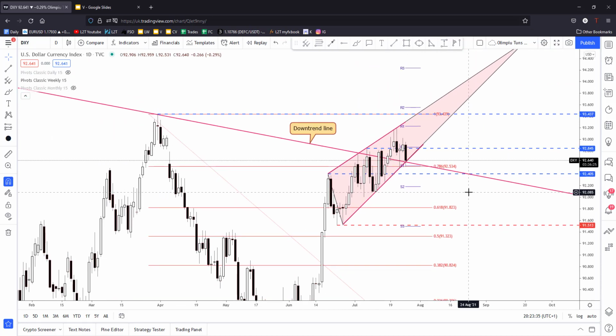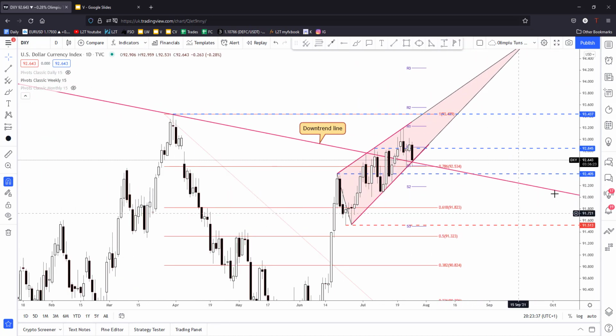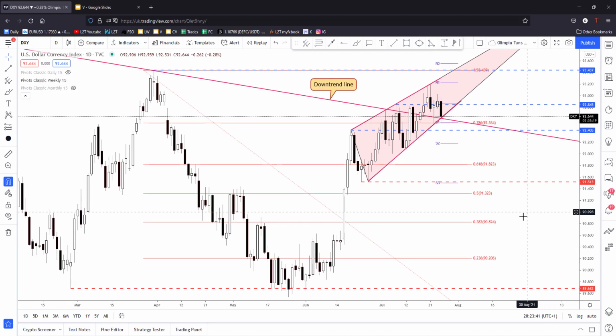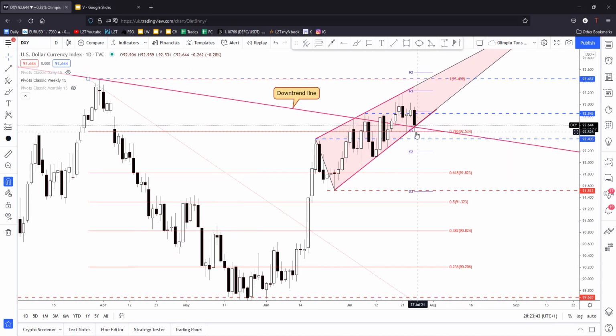But right now, as you can see here on the daily chart, the DXY, the US dollar index, continues to pressure this confluence area formed at the intersection between the downtrend line and the uptrend line. Here we have a major and critical support zone at the intersection between these two downside obstacles.